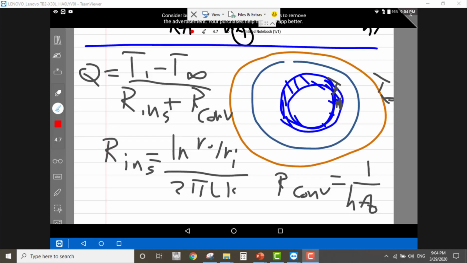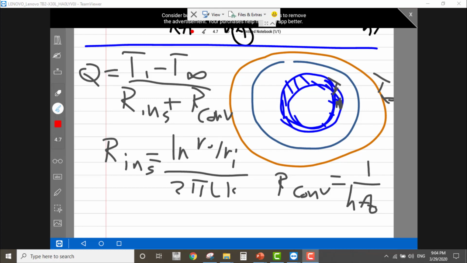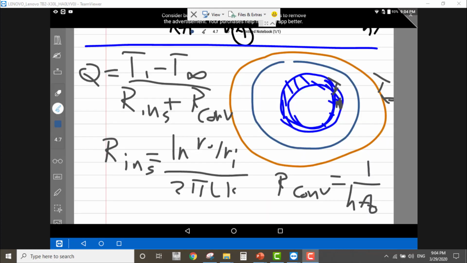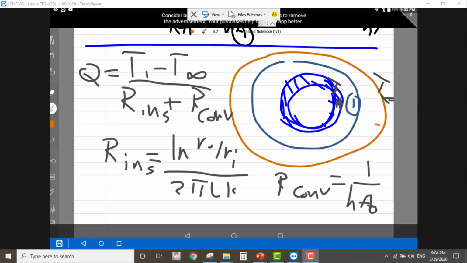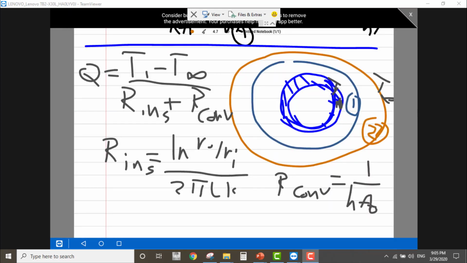Now what happens if we start with this insulation? This one is insulation 1, and in the other color we have insulation 2. We increase the radius of the insulation.